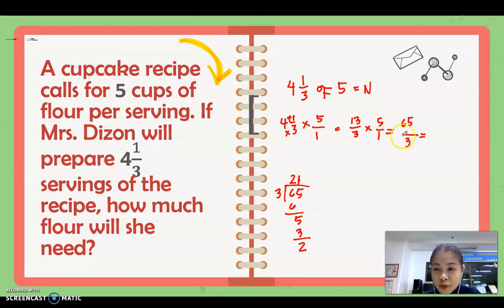Therefore, the answer is 21, that will be the whole number, and the numerator, which is the remainder, which is 2, and then copy the denominator, which is 3. It's already in simplest form. Therefore, Mrs. Dizon will need 21 2/3 cups of flour.